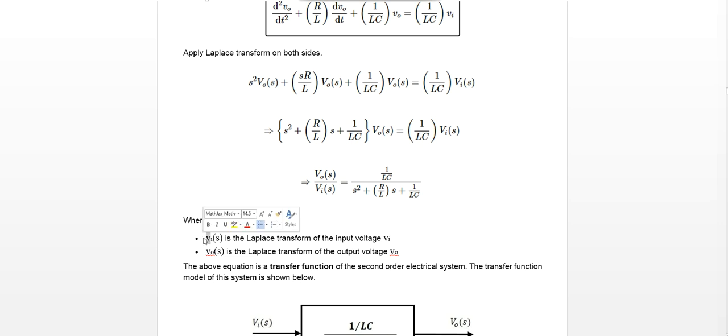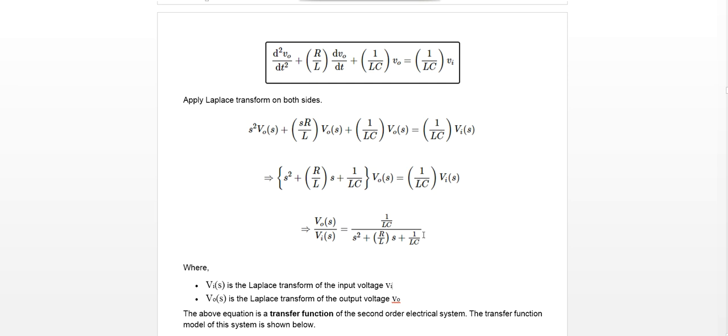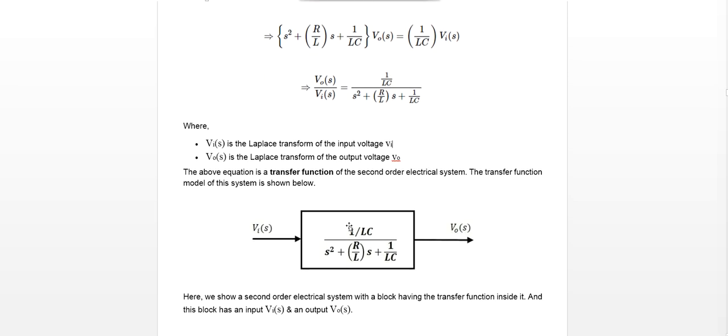You can change also, so capital V, capital V. So the above equation is the transfer function of the second order electrical system. So the transfer function model of the system is shown below. In terms of the frequency domain, the Vi(s) here is the input and the Vo(s) serves as the output.